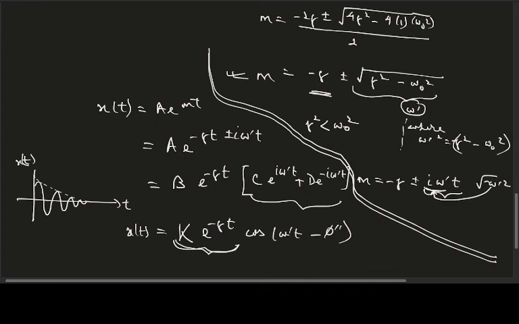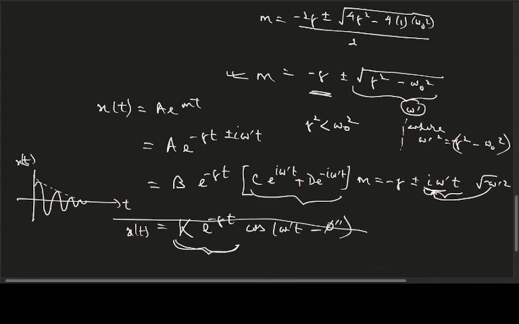So when we solve the forced oscillation in our next video, we'll see that this is again a part of that solution as well. This is just a part of that solution, this particular part.